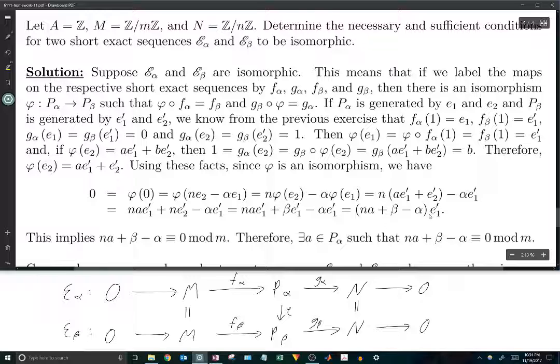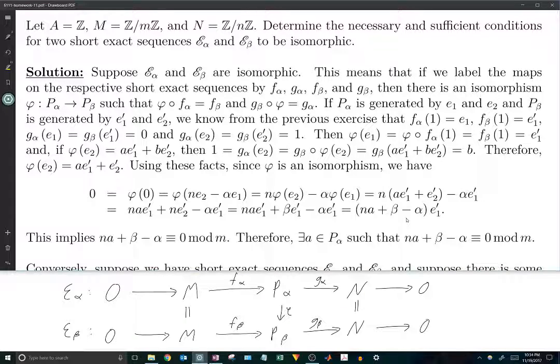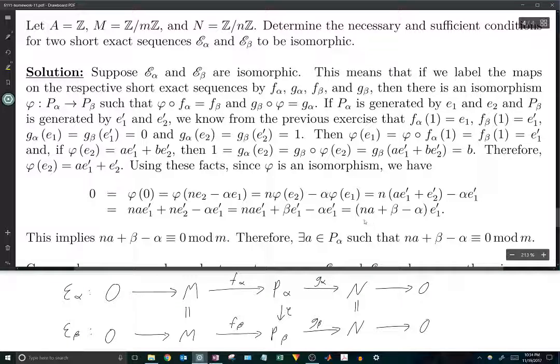So, if E1 prime times this equals 0, then because E1 prime is non-zero, and that's the only relation that can kill E1 prime, this thing here is going to be a multiple of m.